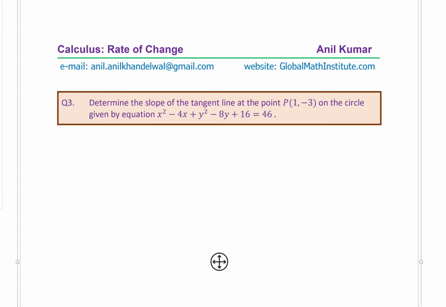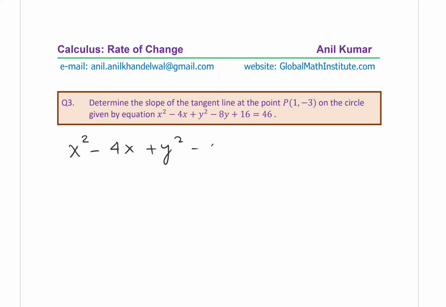The equation of a circle is x squared minus 4x plus y squared minus 8y plus 16 equals 46, correct? And we are given a point on this circle. The point given to us is (1, -3). At this point, you have to figure out or estimate the slope of the tangent line.